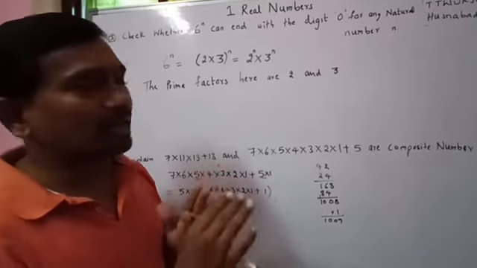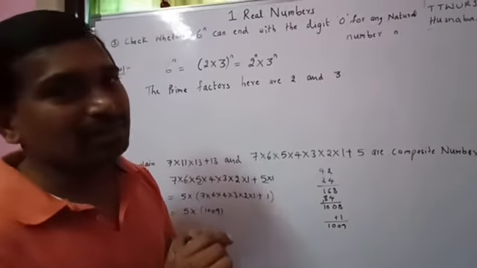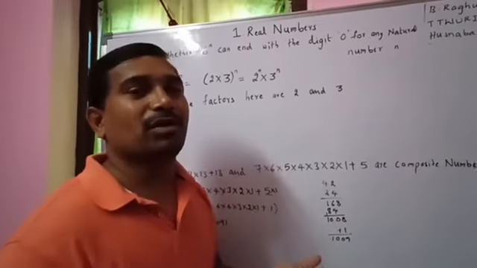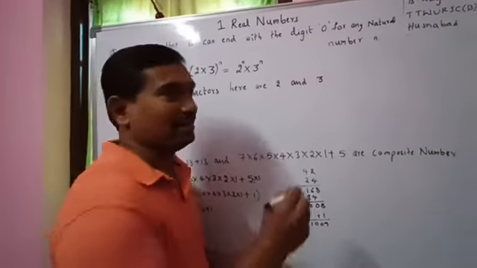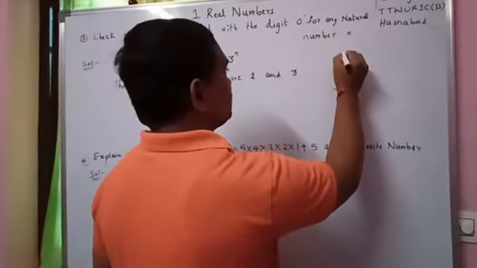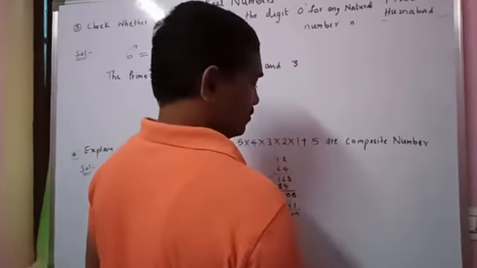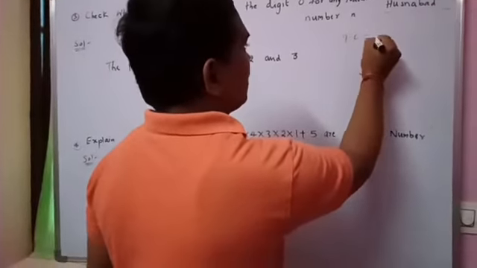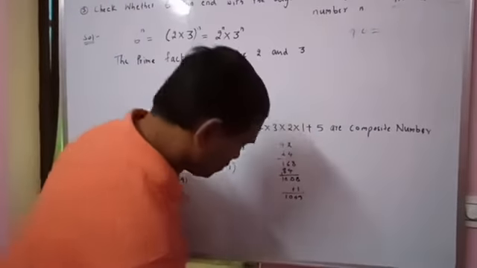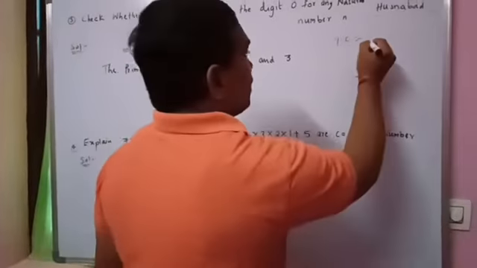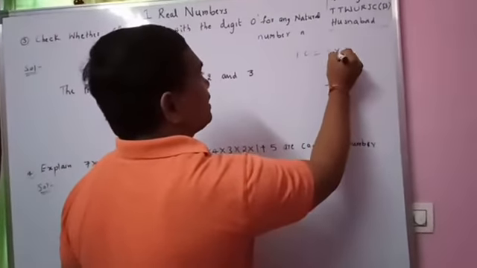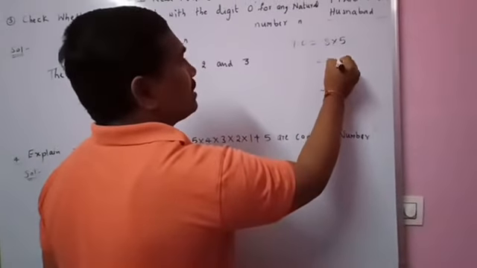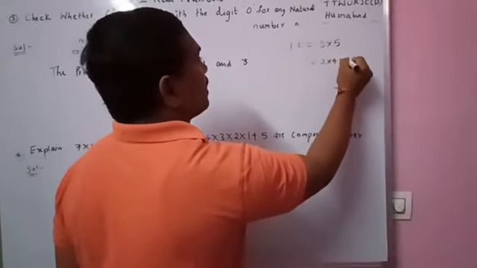For example, take any number ending with 0. Tell me any number ending with 0. You can take 10, 20, 40, 50. Let us take 40. 40 is a number. 40 can be written as 8 fives are 40. This 8 can be written as 2 into 4, into 5.